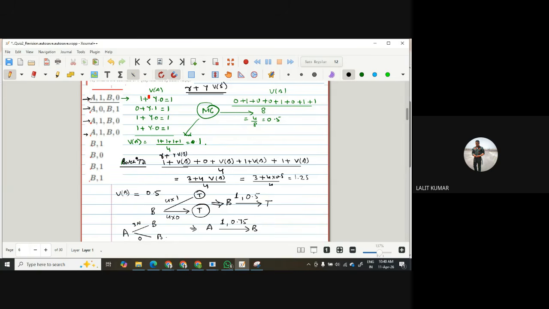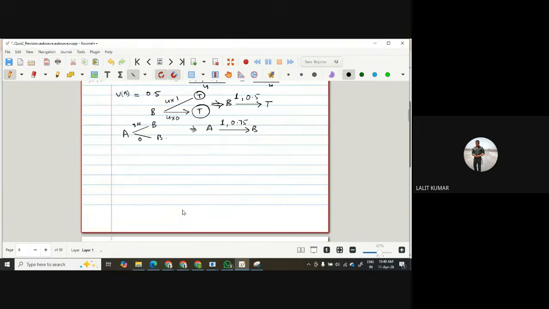Is this okay? Any question on this? Okay, we'll solve some other questions also to get this. So what we did for Monte Carlo, then we did for TD batch, and then we made a finite MDP. We'll solve some questions of the PYQs also.